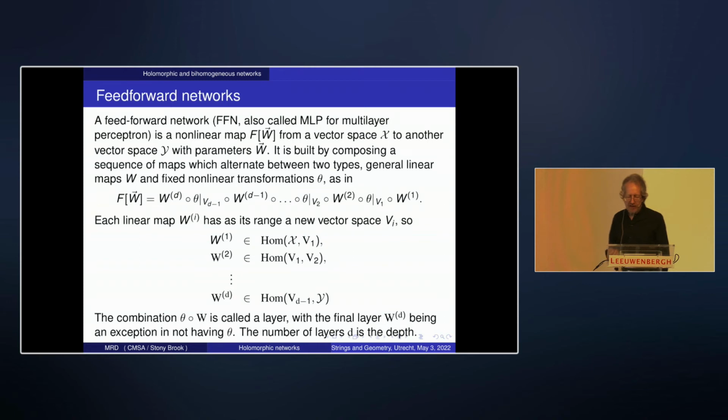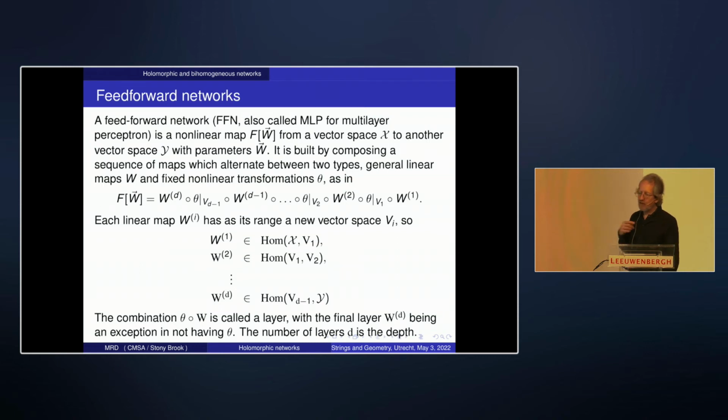Okay, and so what is that? Probably almost everybody here has seen that, but let me quickly review it. The standard feed-forward network is a space of nonlinear parameterized maps that you build by iterating a product of two kinds of maps.